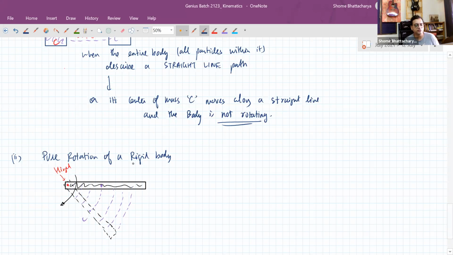So pure rotation of a rigid body is when the rigid body is in rotation about a fixed axis. Okay.